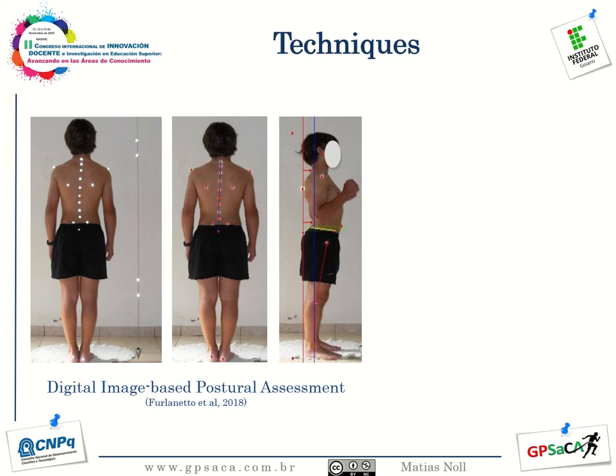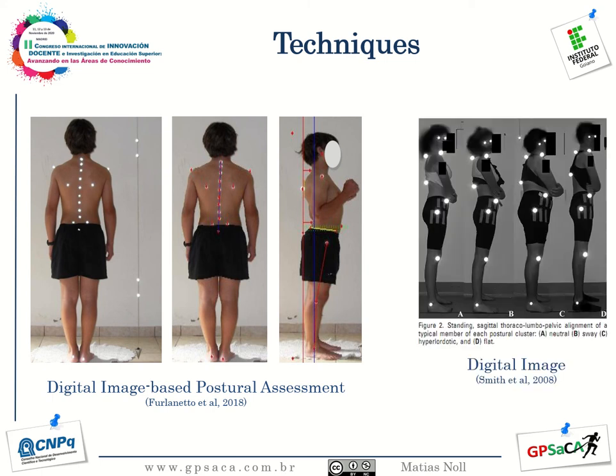Moreover, another type of static evaluation is based on photography, or in other words, computer-based photogrammetry, which has been considered ideal for postural evaluation since it permits the recording of the subject's postural alteration. And here in this slide, some examples of two methods. Left side from Furlaneto 2018, and right side the example from the Smith study from 2008.